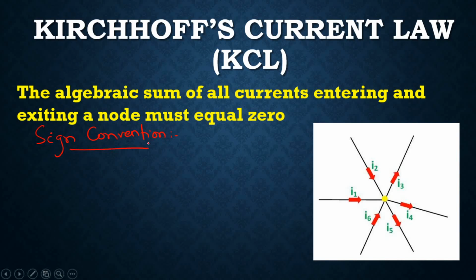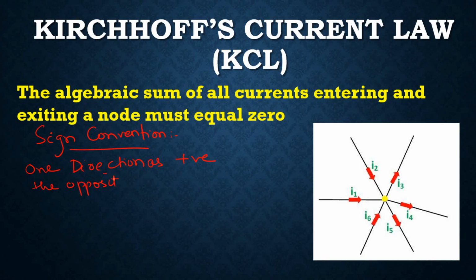So you have to choose one direction of the current to be positive and the other direction to be negative. So consider one direction as positive, the opposite direction to be negative.